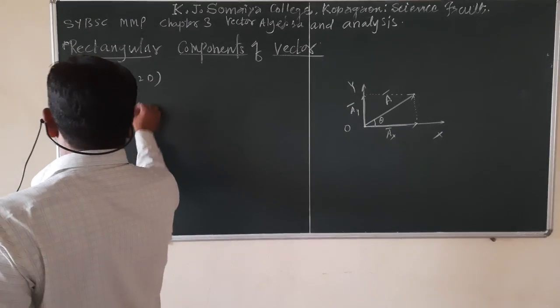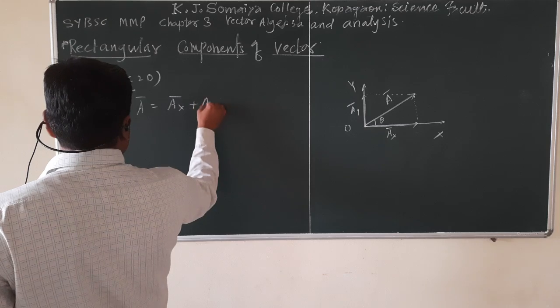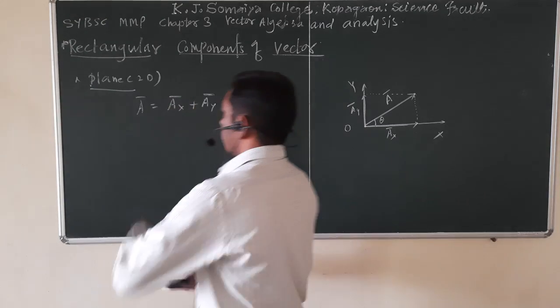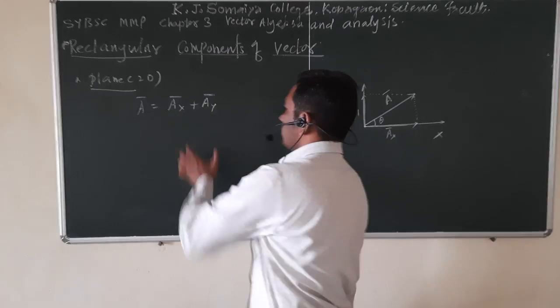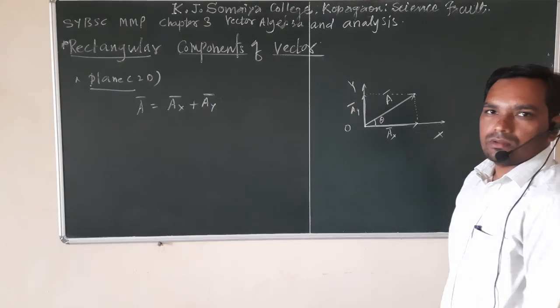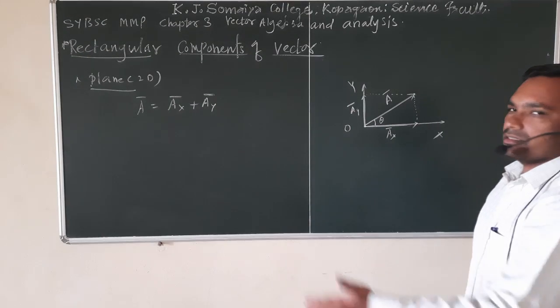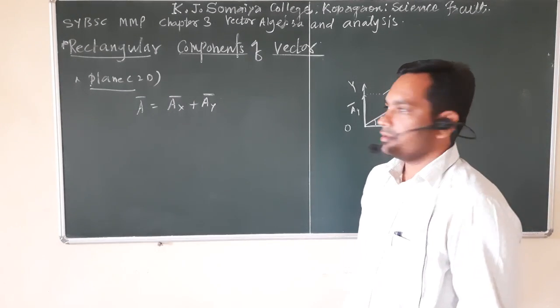Then vector A can be written as vector Ax plus vector Ay. So vector A is nothing but the vector addition of these two component vectors Ax and Ay. In the next section we are going to study the laws of vector addition.